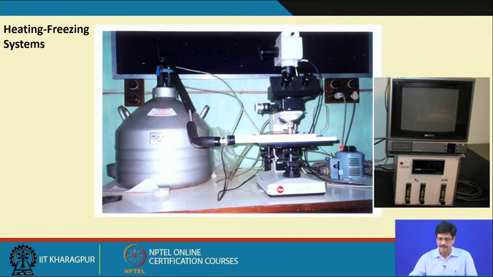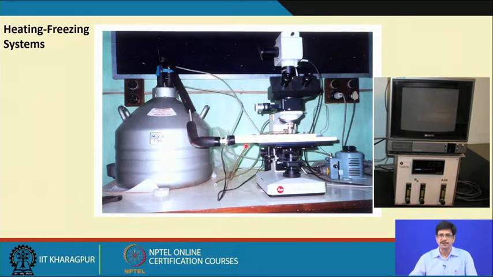There is a heating element, and heating is done by passing compressed air and applying the desired current, so the sample chamber gets heated. The temperature is recorded by this device, a temperature indicator.